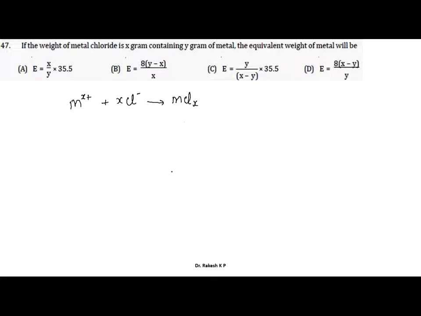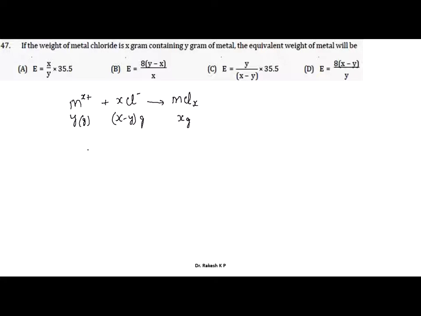This is the metal chloride. The mass of the metal given is y gram, and the mass of the metal chloride is x gram. So the mass of the chlorine will be x minus y gram.